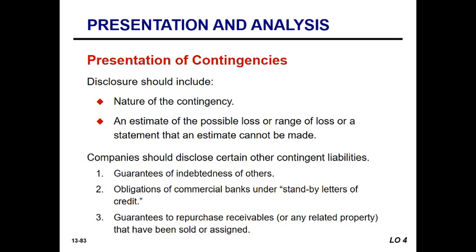And any guarantees to repurchase receivables. We talked a little bit about repurchase agreements back in ACC 211. So you would definitely want to disclose if there is a guarantee to repurchase receivables. Remember, this has to do with factoring, or if there's repurchasing in regards to inventory or something else along those lines.